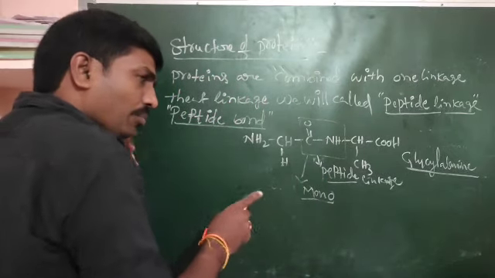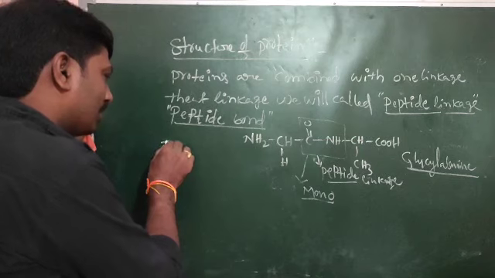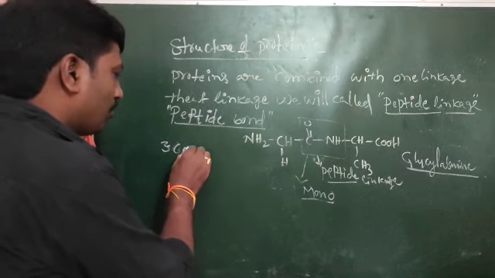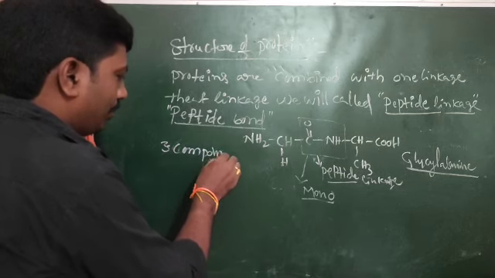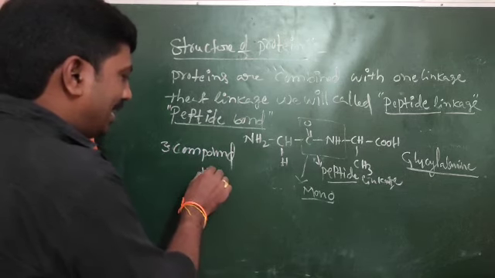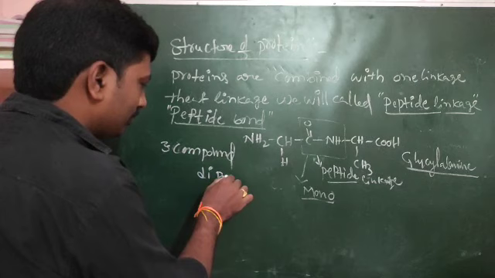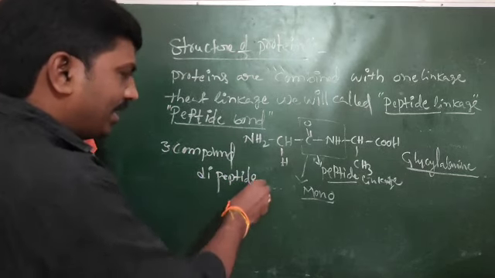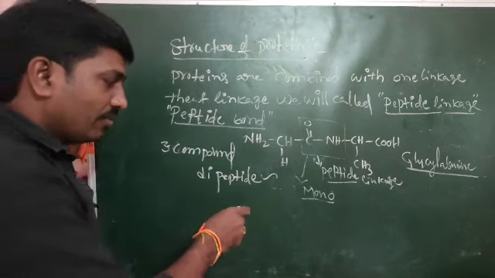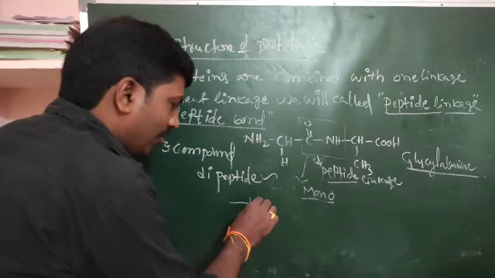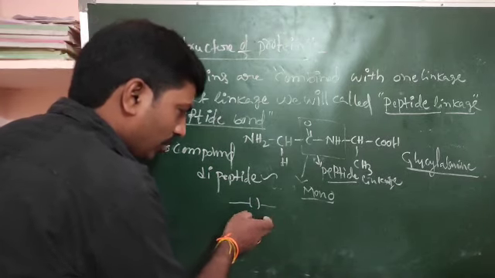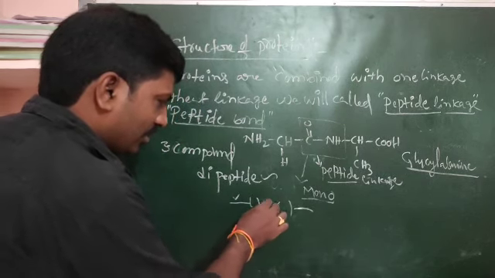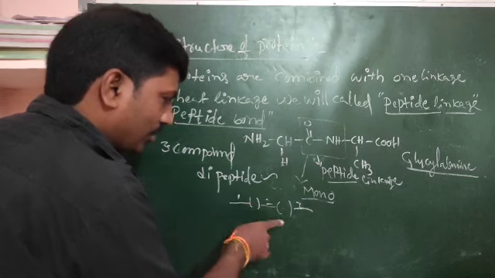If three compounds form linkages, we call it a dipeptide, since three compounds, 1 2 3, have two linkages.